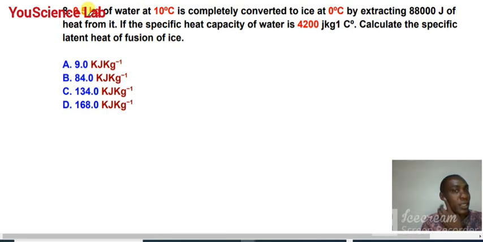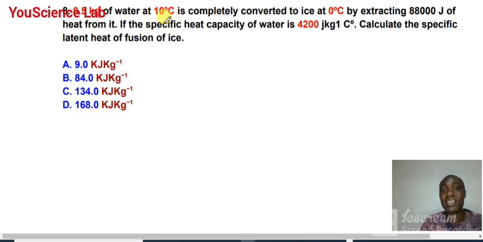Now for question 8, 0.5 kilogram of water at 10 degrees centigrade is completely converted to ice at 0 degrees centigrade by extracting 88,000 joules of heat from it. If the specific heat capacity of water is 4,200 joules per kilogram per Kelvin, calculate the specific latent heat of fusion of ice.